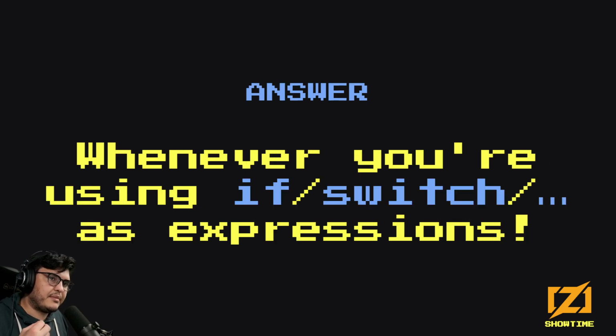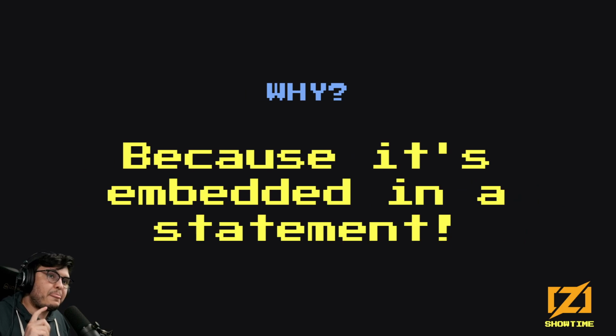You should use a semicolon in the end whenever you're using ifs and switch and for loops and while loops as expressions. When you're using them as expressions, that's when they need a semicolon at the end. Or more precisely, they need a semicolon in the end because they are embedded in a statement. More probably, they are embedded in an assignment or in a return. And assignments and returns have a semicolon at the end.